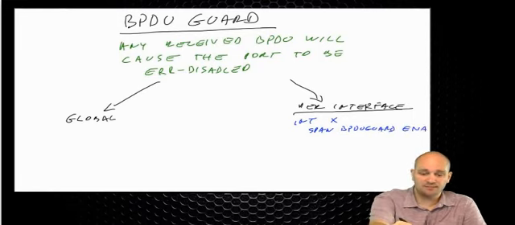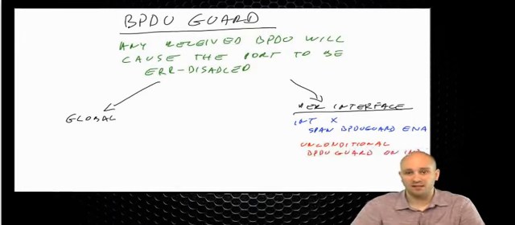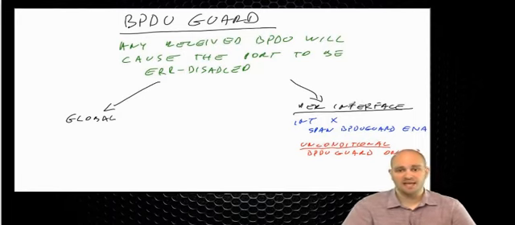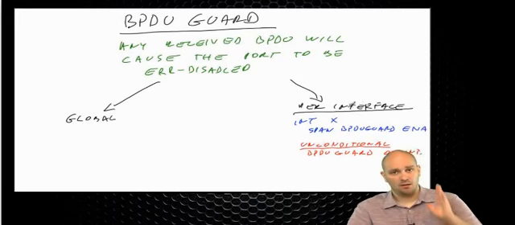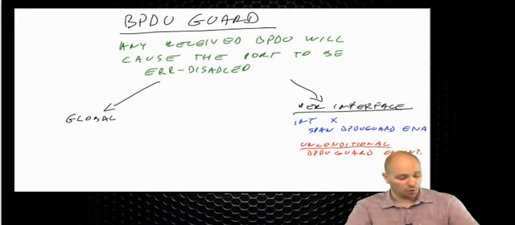What this feature does is unconditionally enable BPDU guard on that interface. What I mean by unconditional is that this feature, when enabled on a per interface basis, is not dependent on the PortFast state. Basically, on that interface, if we receive a BPDU, that's it. Bam! The port will go error disabled.